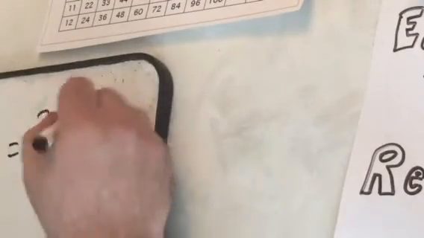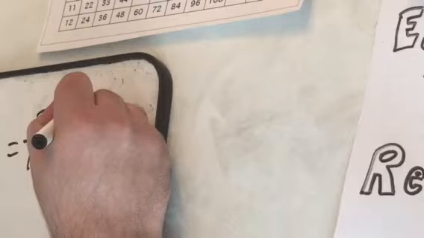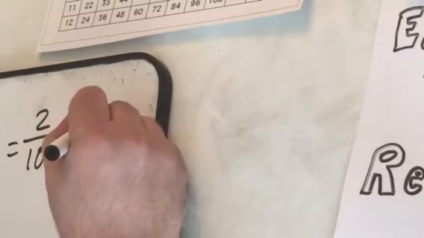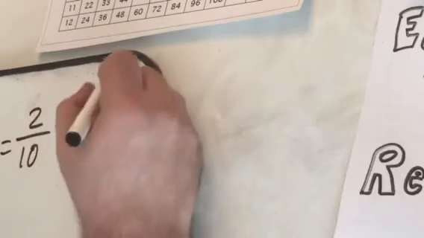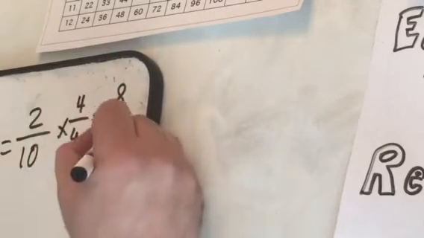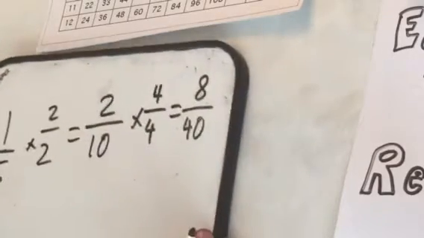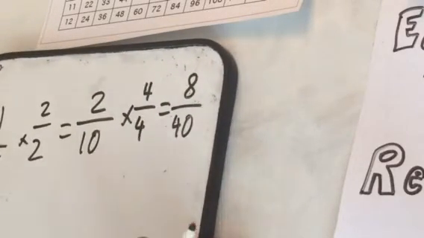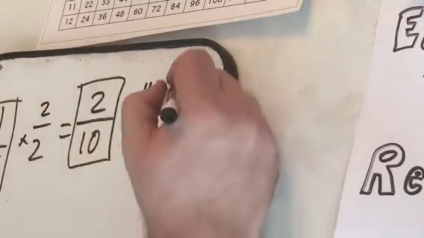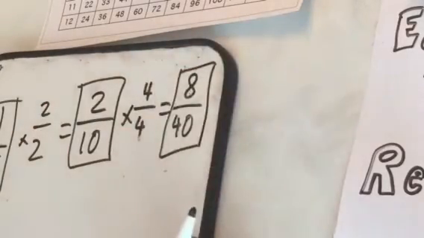The same is true if we keep going. If we multiply this times 4, well, 2 times 4 is 8, and 10 times 4 is 40. So 1/5 is going to be the same as 2/10 is the same as 8/40.